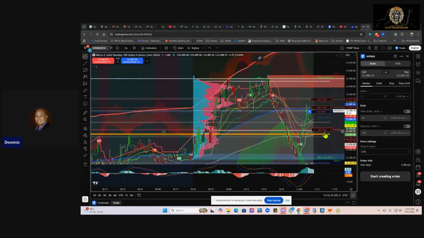Here's the high. Let's see if we're going to break that high. Strong high up here, right? Since we have this move and pullback, hopefully it's going to create a higher high.